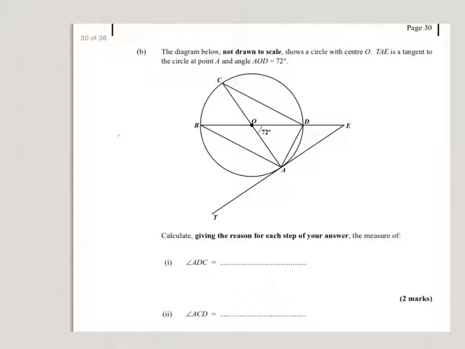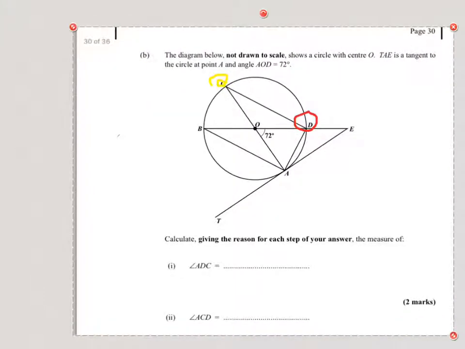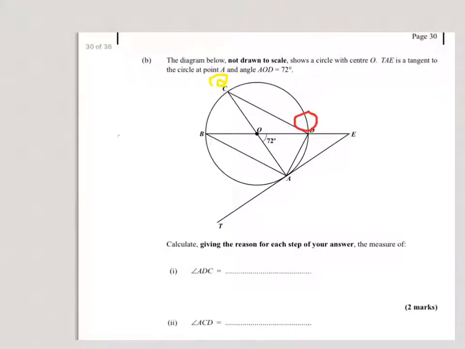Calculate, giving the reason for each step of your answer, the measure of 1. Angle ADC. Therefore we want to find this angle D. Now if we look carefully, we'll realize that CA is the diameter.